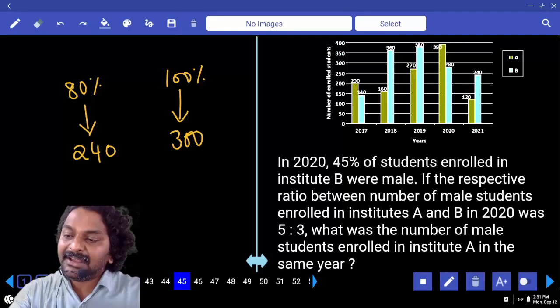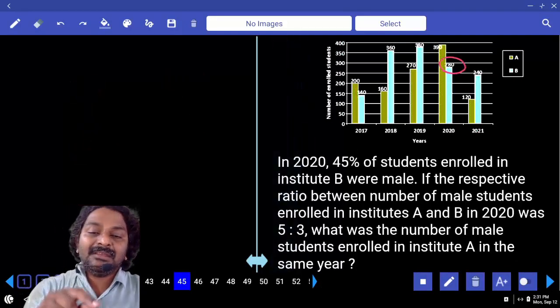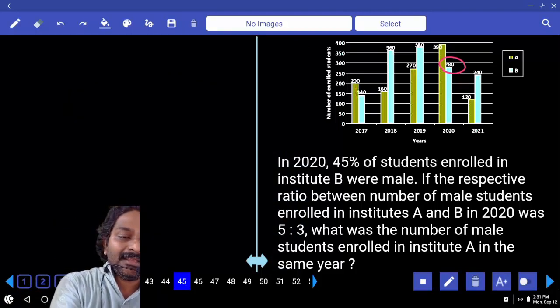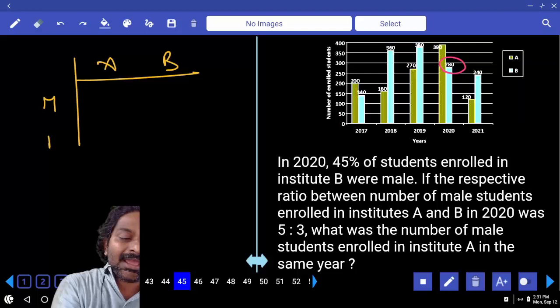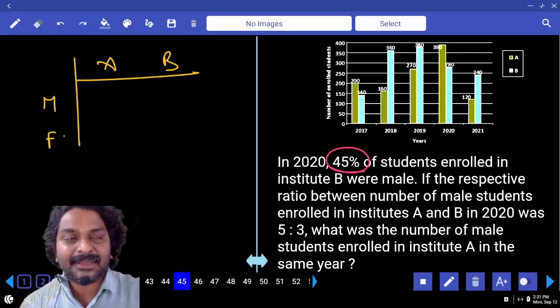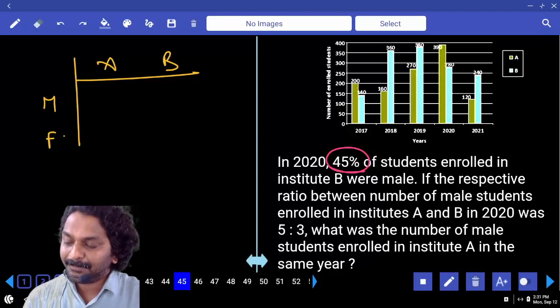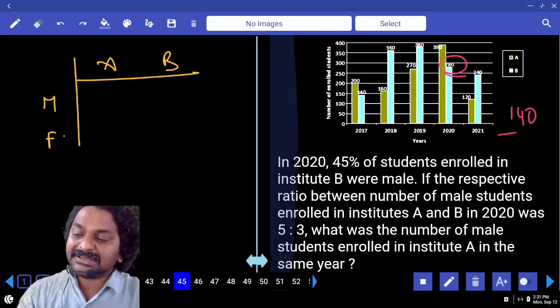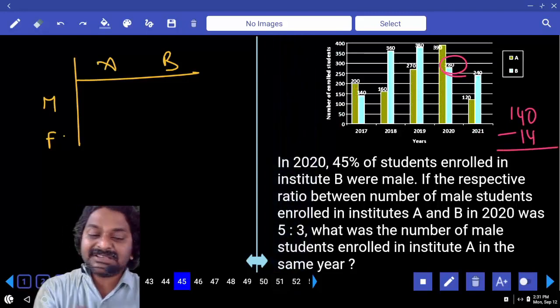In 2020, B has total how many? 280. Out of 280, we will have both male and female, correct? 45% in the sense 50% minus 5%. What is 50%? 140. 5%? 14. Then how much is that?